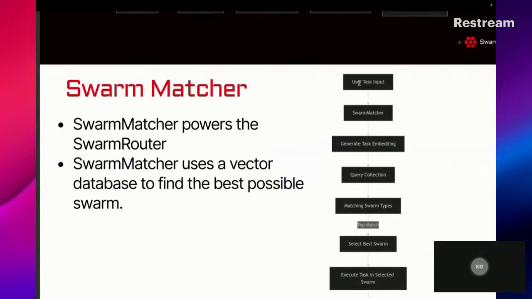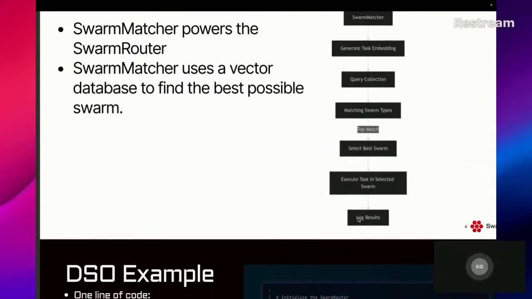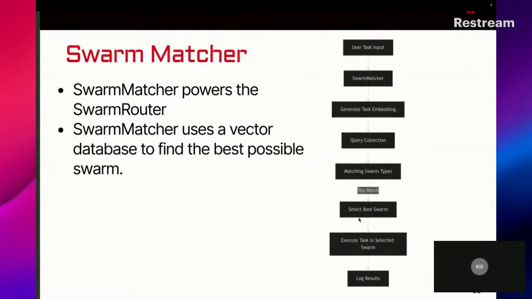You give it a problem, it goes to the matcher, then we generate an embedding, then we query our vector database for any past experiences with this problem or this keyword, and then we find the most appropriate swarm, matching swarm types, and then it selects the best swarm. And then it will execute the task in the swarm.